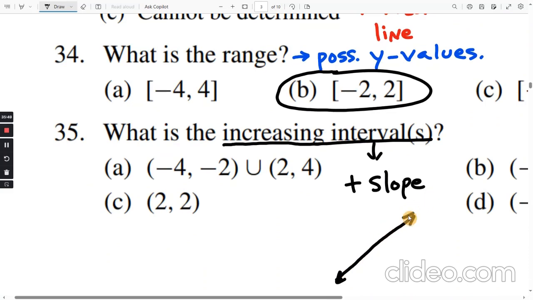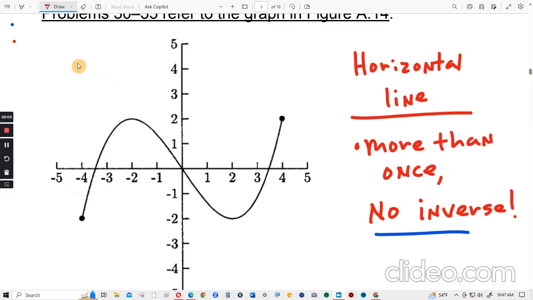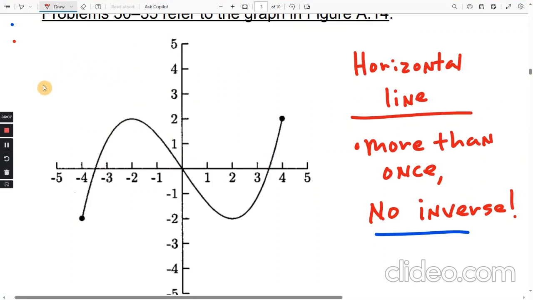Positive divided by positive or negative divided by negative. So anything where the graph is like this is on the increasing interval. So let's find where the positive slopes are. We're looking on the graph wherever it's like that.